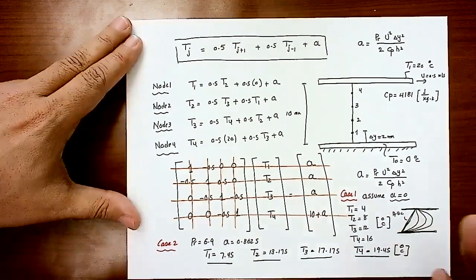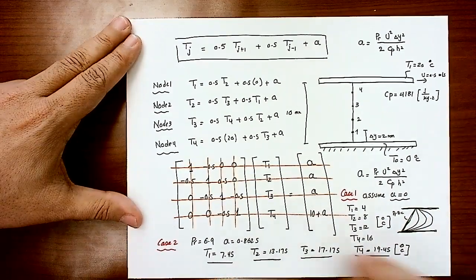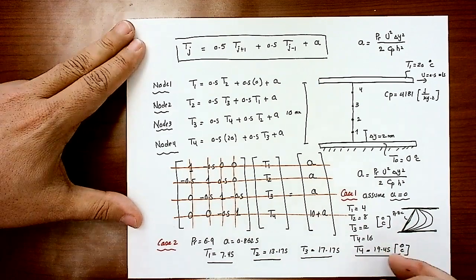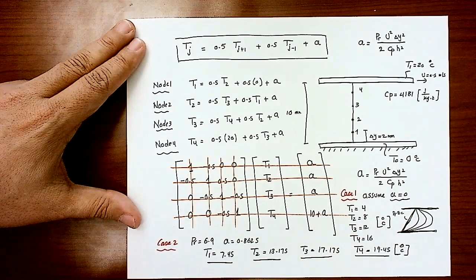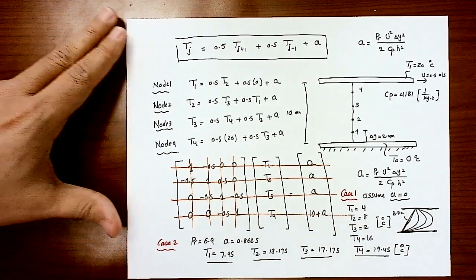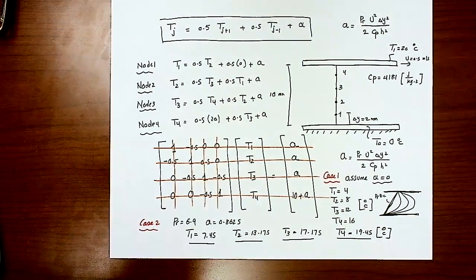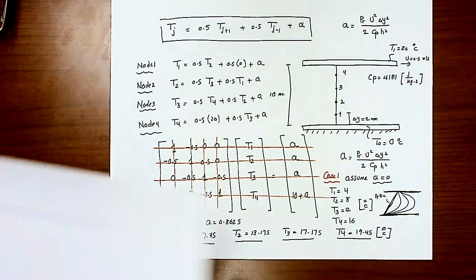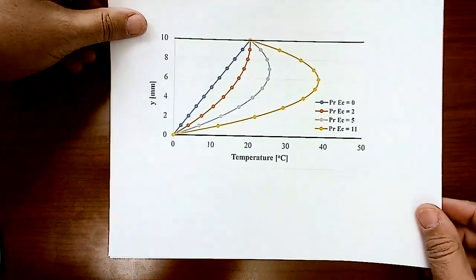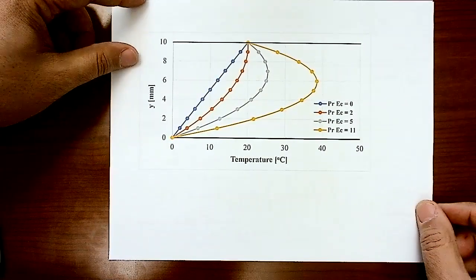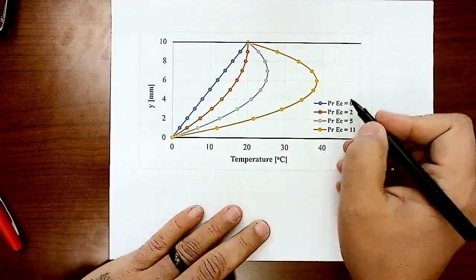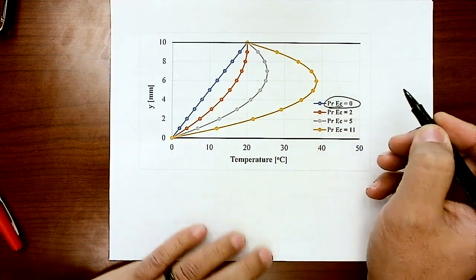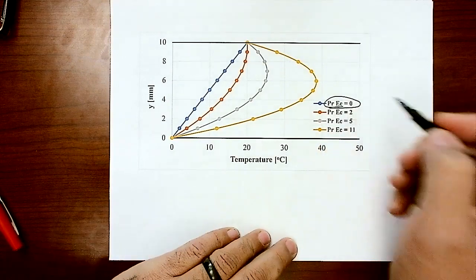So I hope this example shows clearly how to use a numerical method to get the temperature distribution for a fluid flow between two plates. So I did use Excel trying to show if I change the combination of Prandtl and Eckert number. For the first case, it's already 0, so everything is stationary because of the Eckert number.